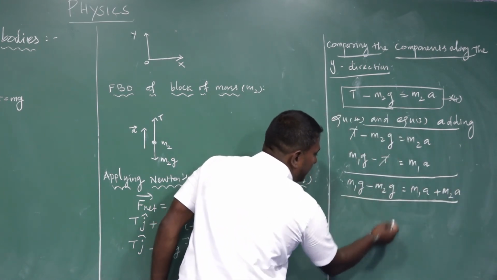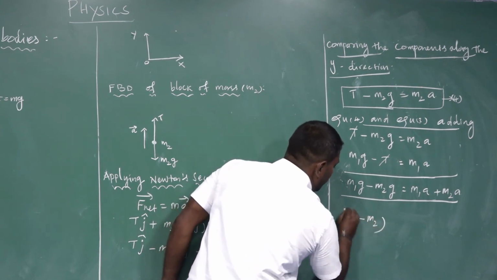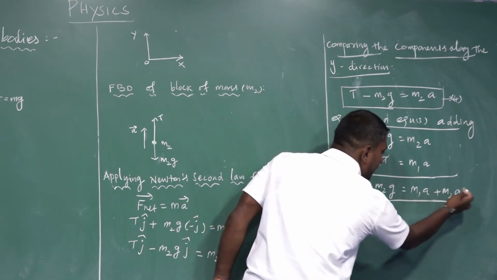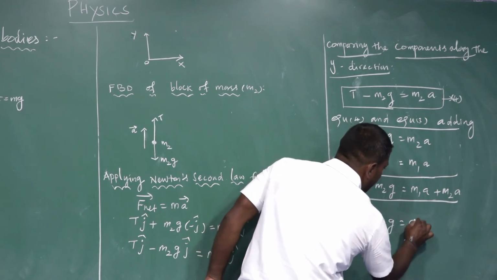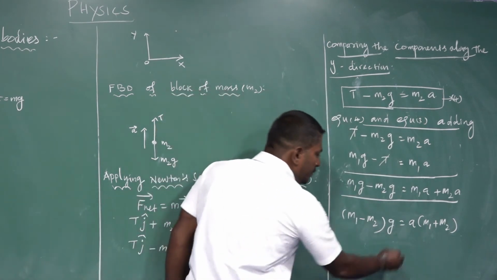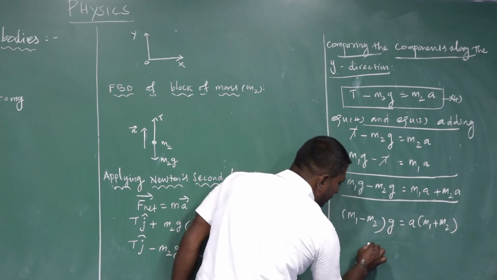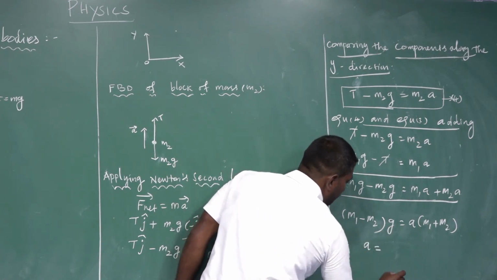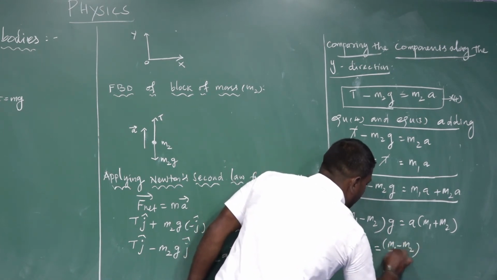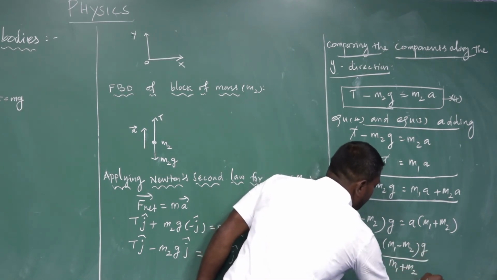So M1G minus M2G, taking G common, M1 minus M2 into G, is equal to the acceleration. Both the blocks have the same acceleration, taken out commonly, A, M1 plus M2. So acceleration of both the blocks, with the same acceleration A, is equal to M1 minus M2 into G divided by M1 plus M2.